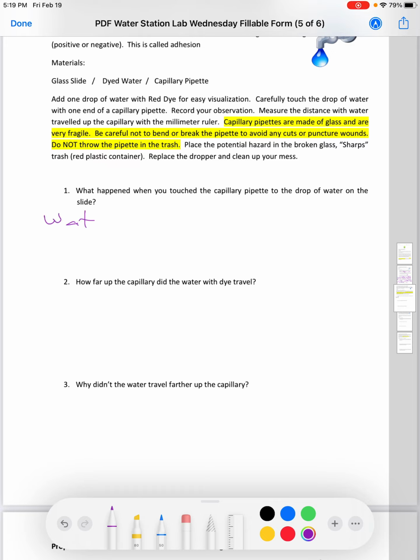Water basically jumped up into the capillary, rose up into the central core, the tube, into the capillary pipette, and it did so because water, in addition to sticking to itself, tends to stick to many other substances.